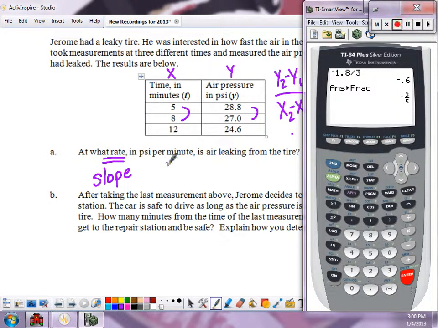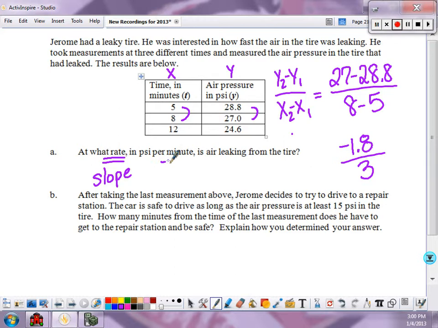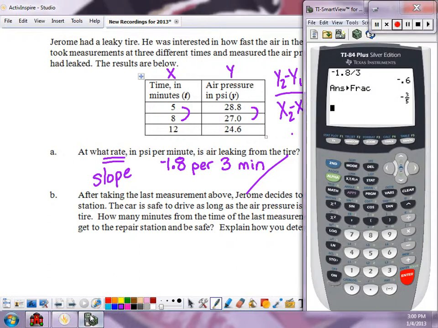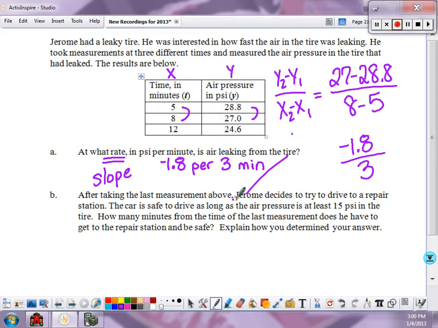You can either say that it's going down 1.8 per 3 minutes, or negative 0.6, or you can say it's going down 0.6 per minute.